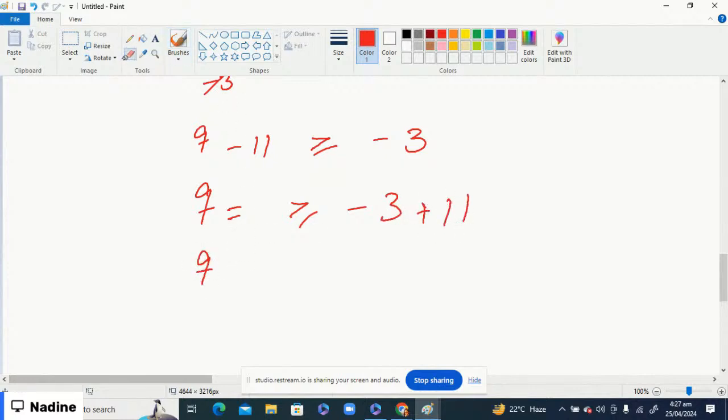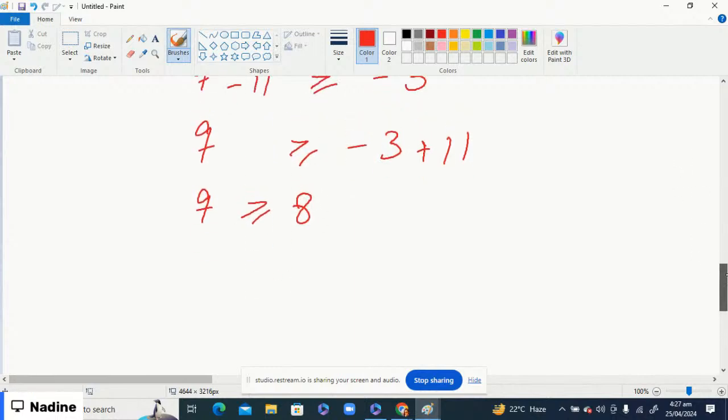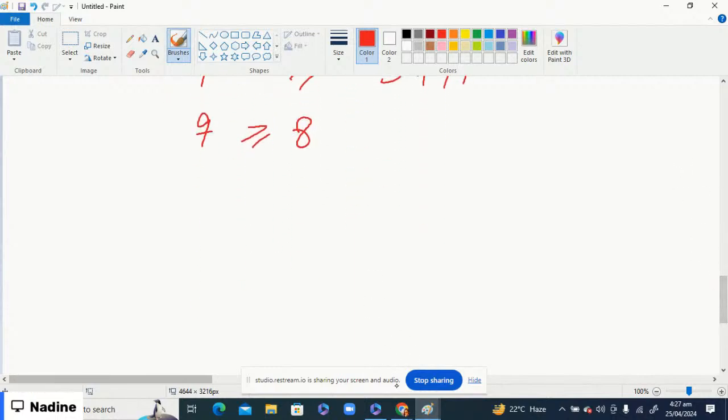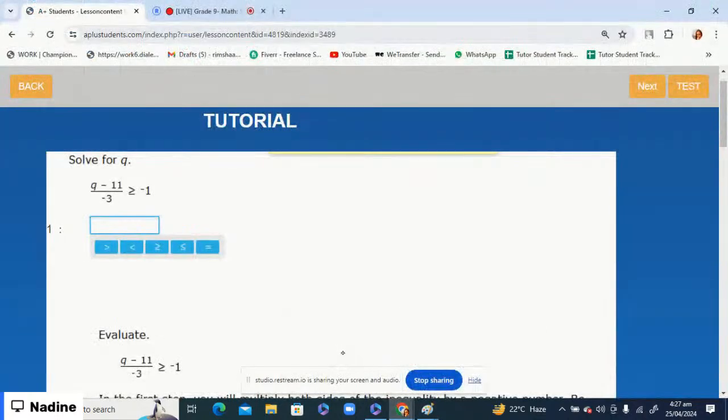What's the answer for minus 3 plus 11? It's 8. Okay, so now this is the inequality.